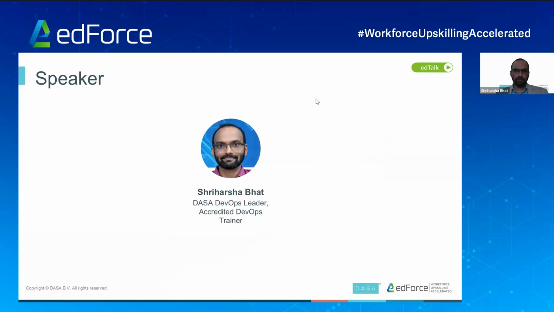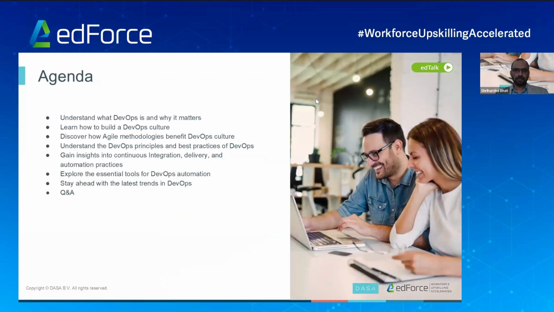This is a short agenda. In fact, it covers a lot, but we may not be able to go deep into each of these things because of the time constraint. But we will try to understand DevOps, how to build a DevOps culture in an organization, discover how Agile methodologies relate, a little bit about it, and understand the DevOps principles.